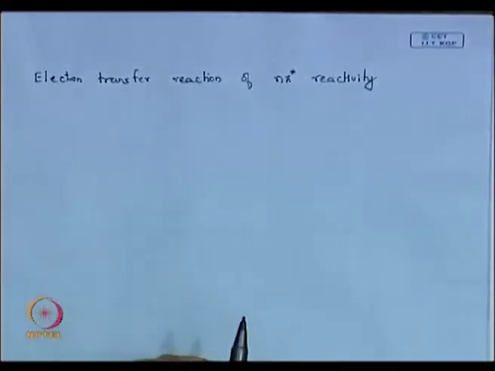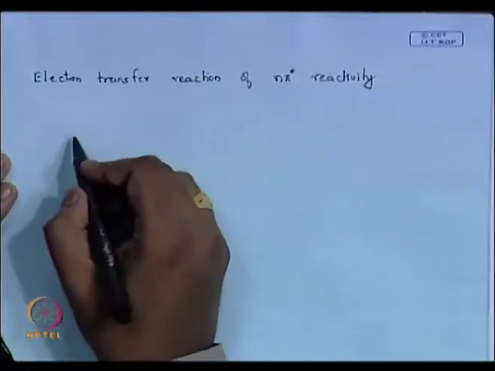This is another class of reaction, but this reaction you have seen when doing photoreduction of benzophenone. You have seen these reactions, but in this case, instead of any hydrogen abstraction from the solvent, I use electron donors.